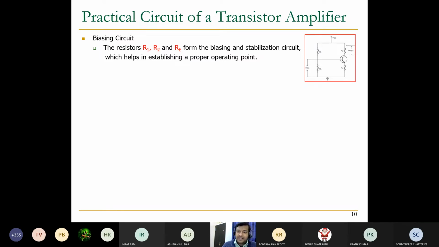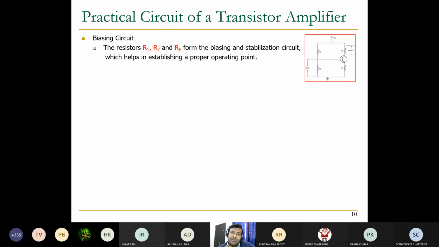Now, the biasing circuit. As you can see, the resistors R1, R2 and RE form the biasing and stabilization circuit. These are mainly introduced for biasing and for stability, and they help to establish a proper operating point or quiescent point.